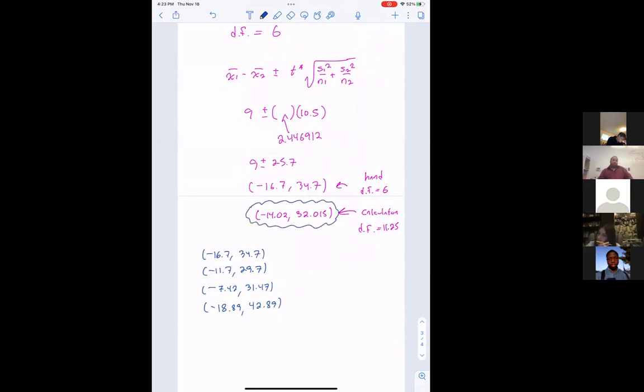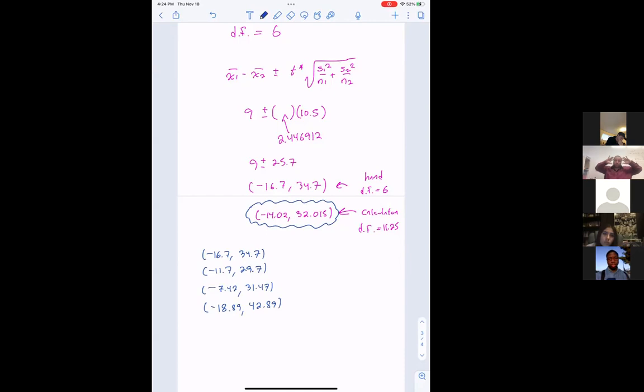So when you do it on your calculator, it gives you the exact value of the degrees of freedom. When you do it by hand, and we take the conservative approach where you just take the minimum of the 2, it's going to give you a wider confidence interval because you're less accurate.